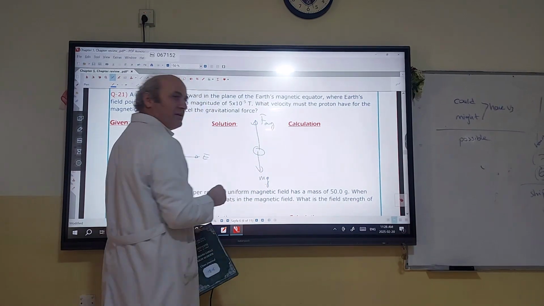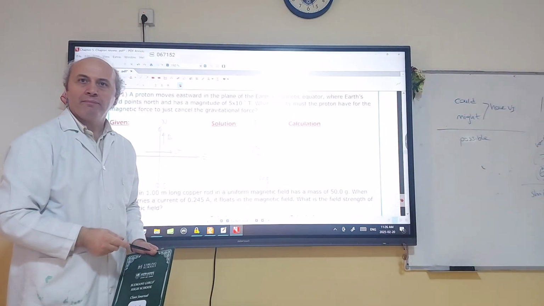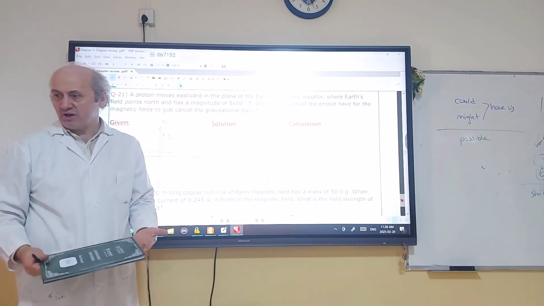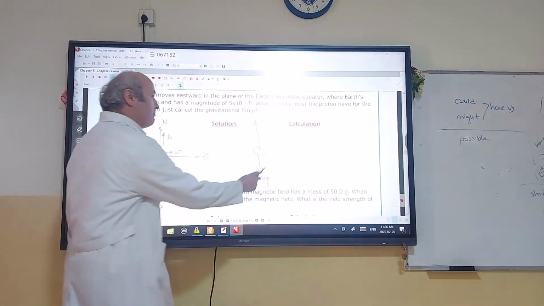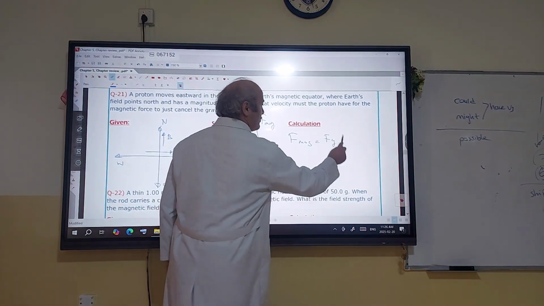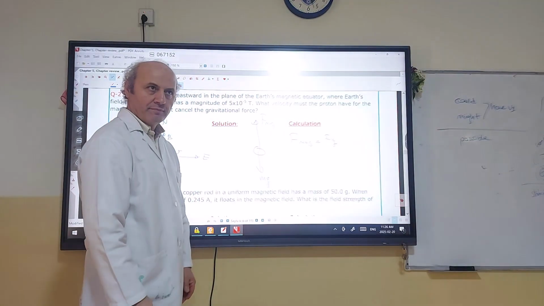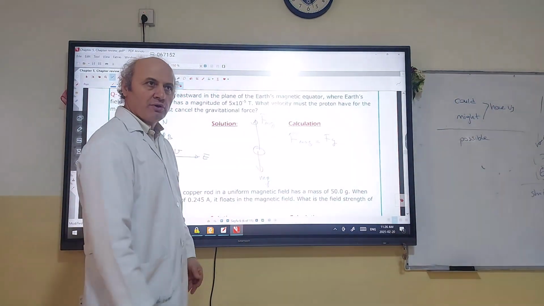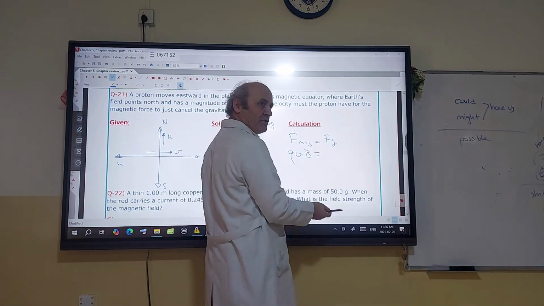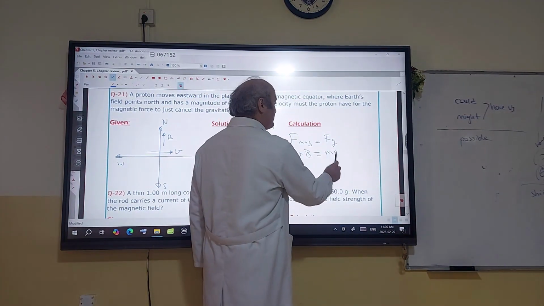If we want to cancel the gravitational force, what should happen? They should be equal in magnitude. In this case, they cancel each other. That is, the magnetic force must be equal to the gravitational force. The equation for magnetic force is qvB. The equation for gravitational force is m times g.